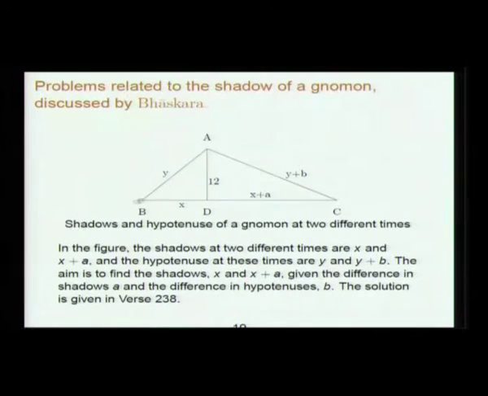Its shadow is x at some time and x plus a at some other time. Similarly the karna, the hypotenuse, is y when the shadow is x and y plus b when the shadow is x plus a. You are given only a and b, the difference in shadows and the difference in hypotenuses. Then you have to find the shadow and the hypotenuse.